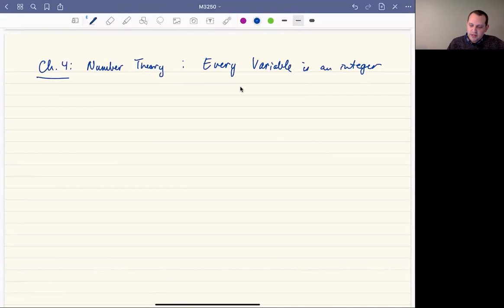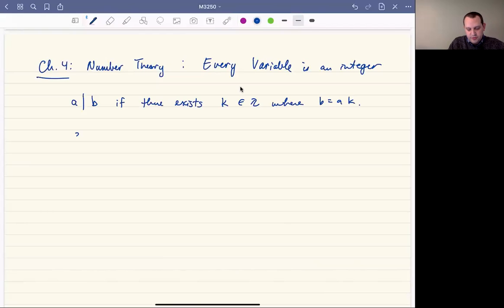We're going to say that an integer a divides an integer b if there exists an integer k such that b is equal to ak. So that's what it means for a to divide b.